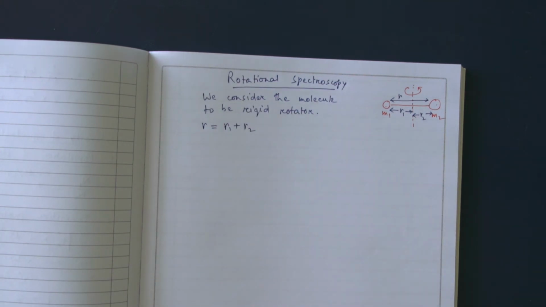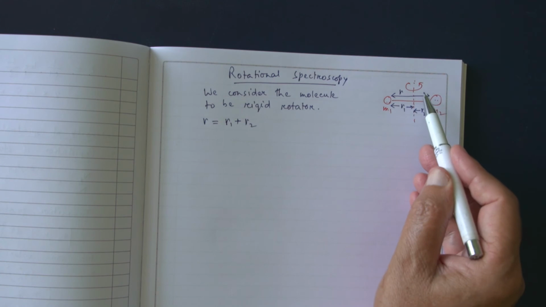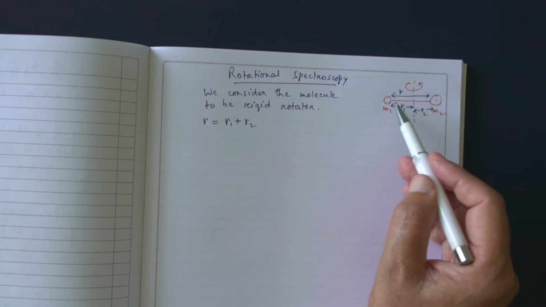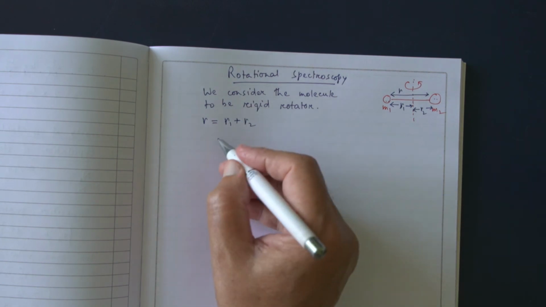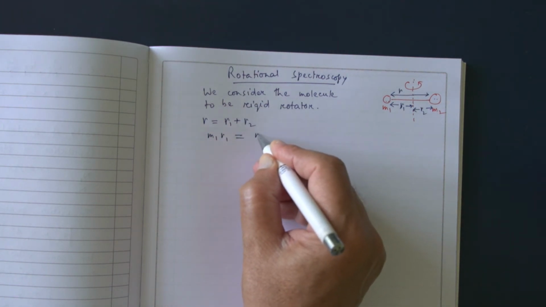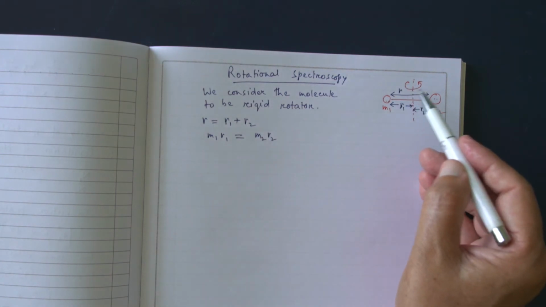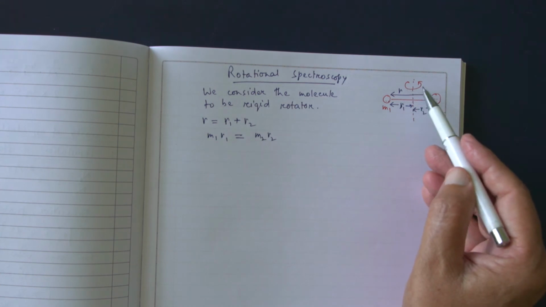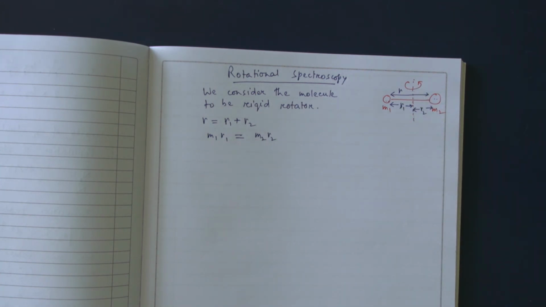And since the two atoms are rotating about this axis, M1 R1 must be equal to M2 R2. This is the condition.